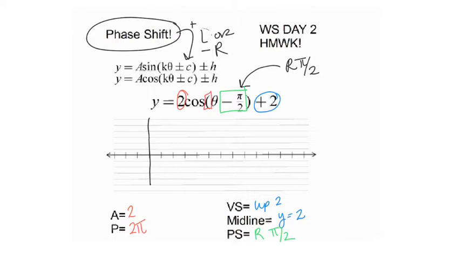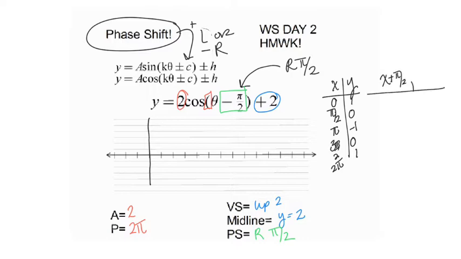So I'm going to put my cosine parent table here: 0, pi over 2, pi, 3 pi over 2, and 2 pi, with 1, 0, negative 1, 0, 1. So when I write my rule, I'm going to have x plus pi over 2, because I do opposite.